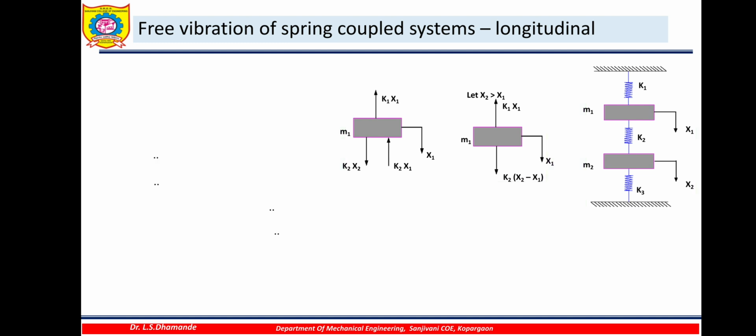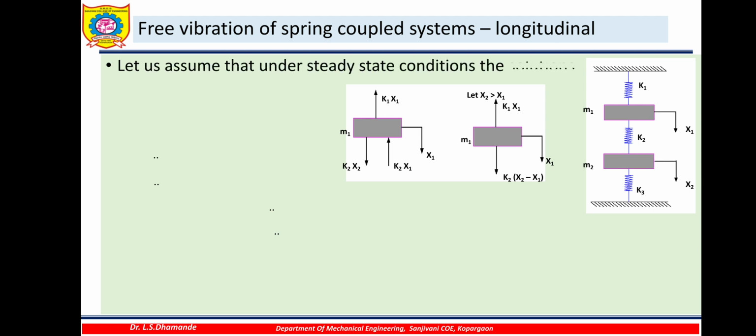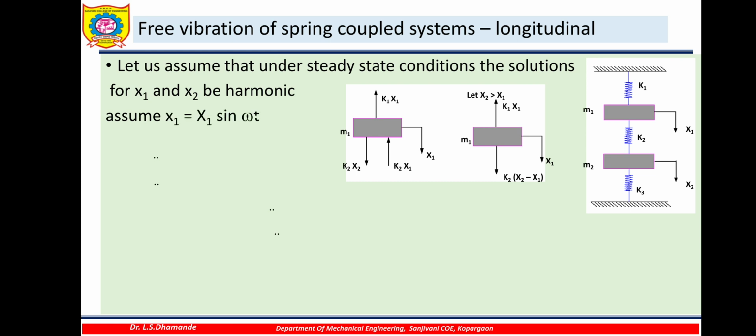Now these two equations which I got from the free body diagrams of these two masses, we have to find the solution of this. So let us assume that under steady state conditions the solutions for x1 and x2 become harmonic, and assume these harmonic solutions as x1 is equal to capital X1 sin of omega t and x2 is equal to capital X2 sin of omega t.